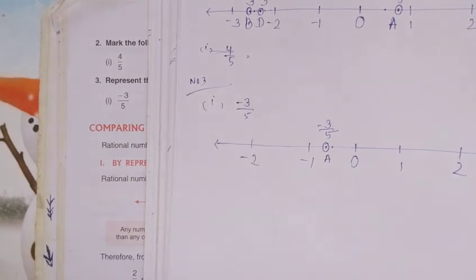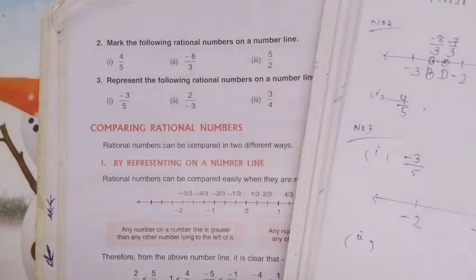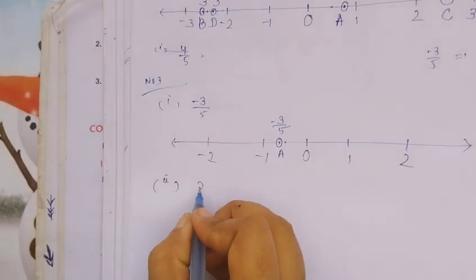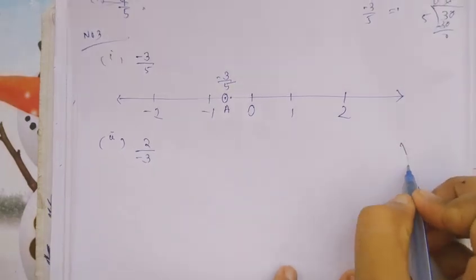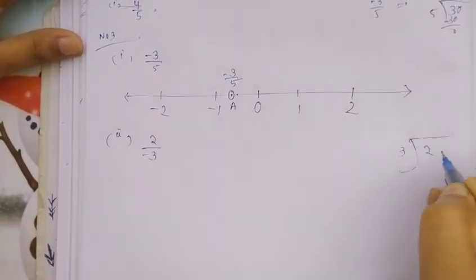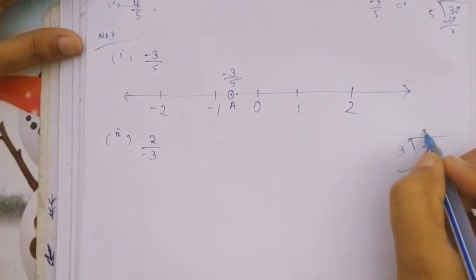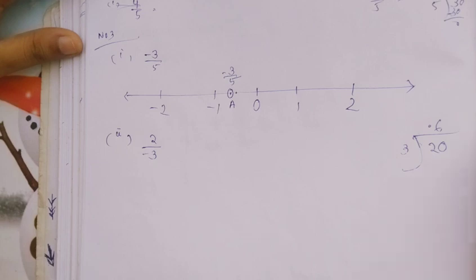Here A. The next, 2 by minus 3. First we divide 2 by 3. 2 is less than 3, so here we put a decimal and we put 10. 3 times 6 is 18.